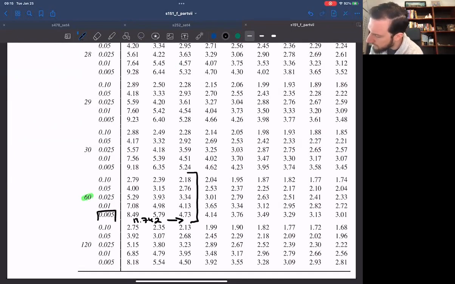So that means that the area that's of interest to us is going to be smaller than the smallest listed value. Okay. So our test statistic is greater than 4.73, which means that the area to its right must be less than 0.005.